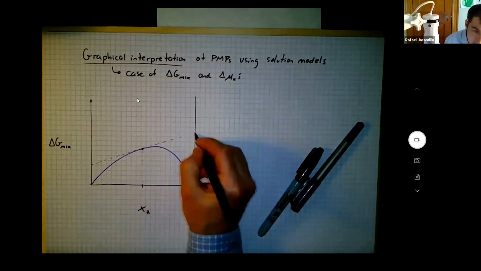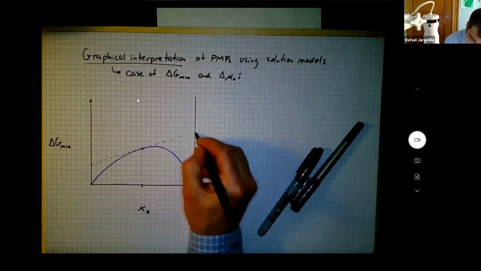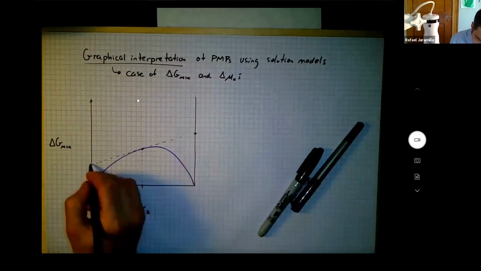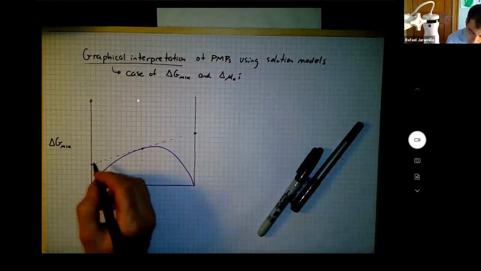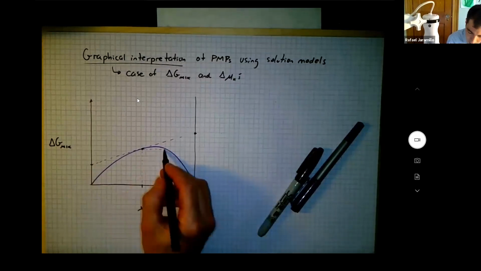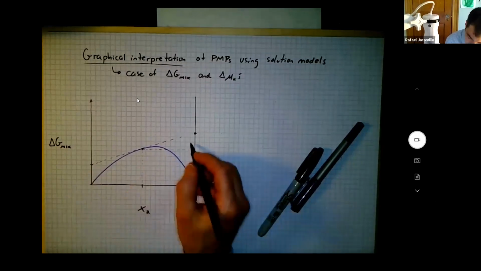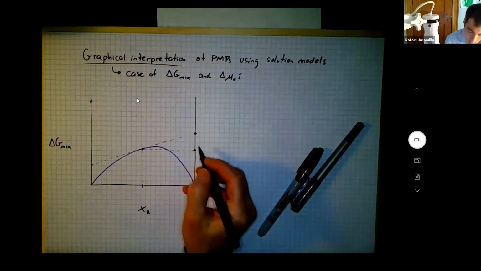This intercept here, I'm going to label, and this over here, and also this over here.